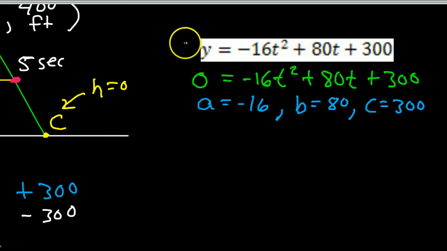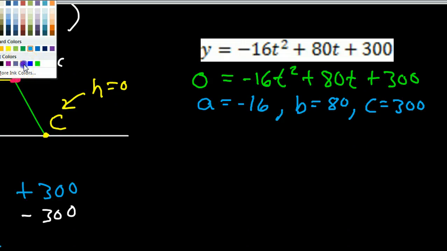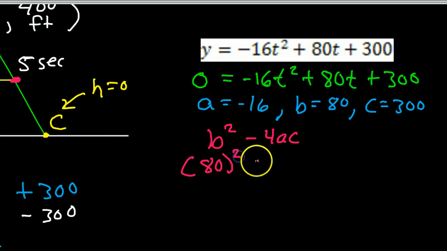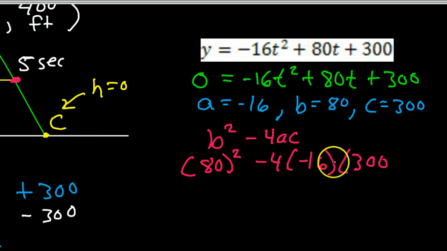When we do the quadratic formula, the first thing we always find is the discriminant. So we're going to do our b squared minus 4ac. That's going to be 80 squared minus 4 times negative 16 times 300. Always calculate the discriminant first.